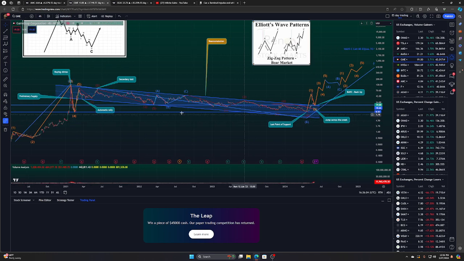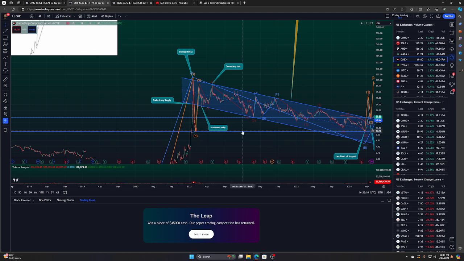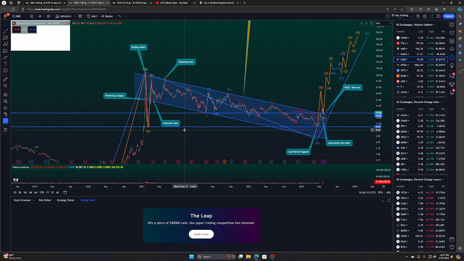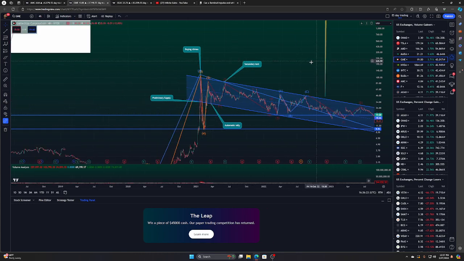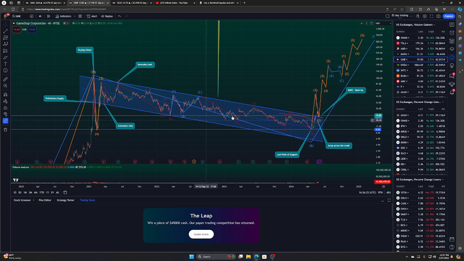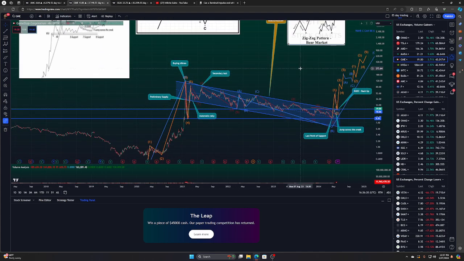And then you have this really messy thing inside here that's kind of hard to read, where this is an ABC, and then you have 1, 2, you could break this down into so many 1, 2, 3, 4, 5 wave counts within all of this, and that may be above my pay grade.